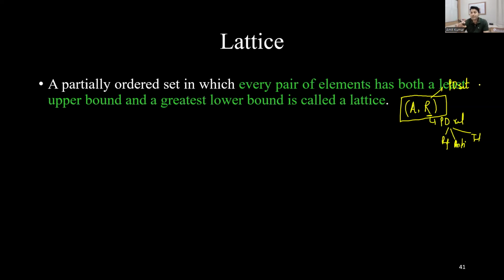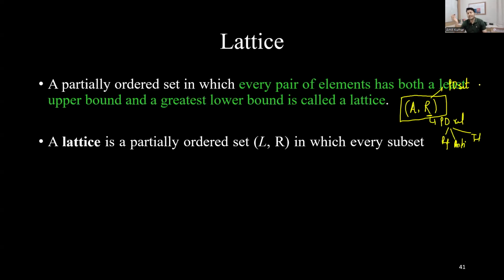That means whatever pair I choose from the set A, it must have a least upper bound, or better to say, a unique least upper bound, as well as a greatest lower bound. If this is the case, then that partially ordered set is called a lattice.